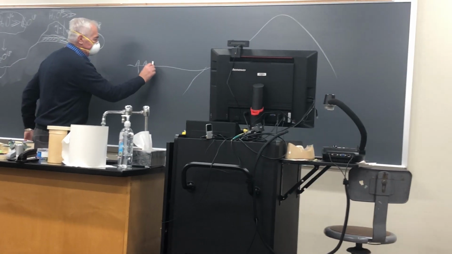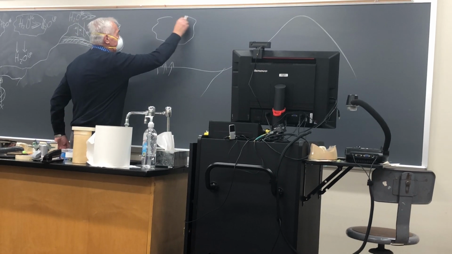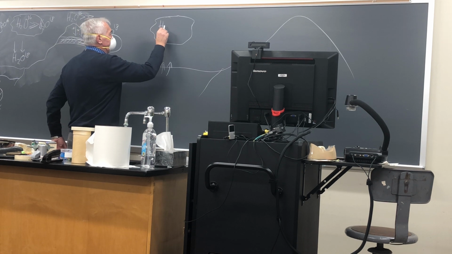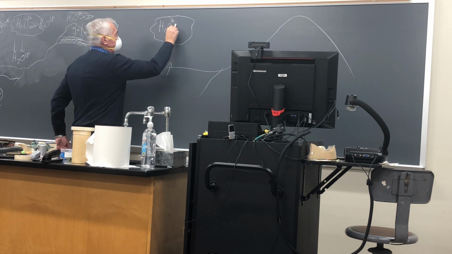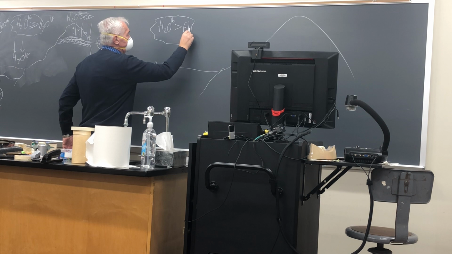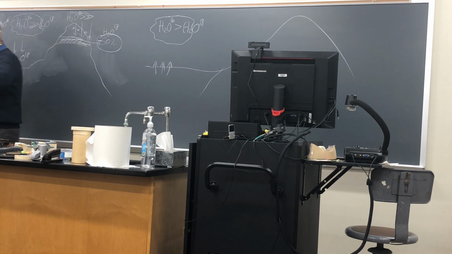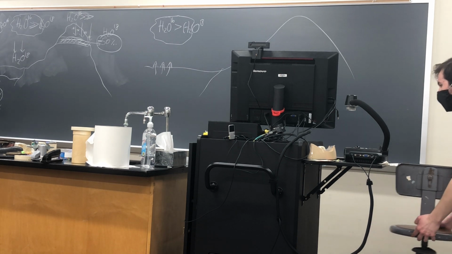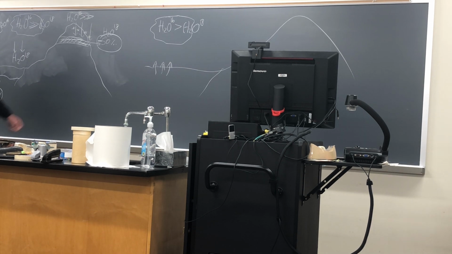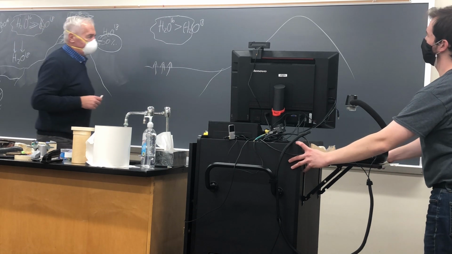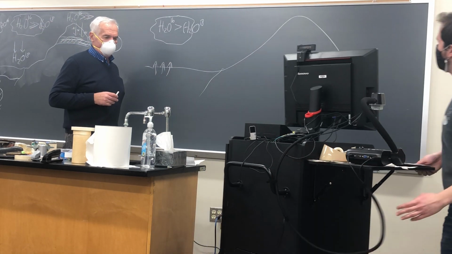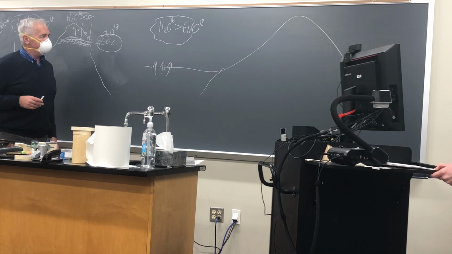Lighter oxygen isotope will be prevalent in clouds because, again, it will be easier to evaporate lighter oxygen isotope than heavier. You can see that from this, okay? There you go.